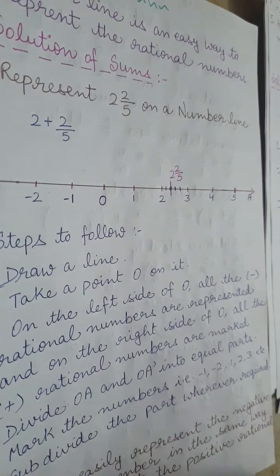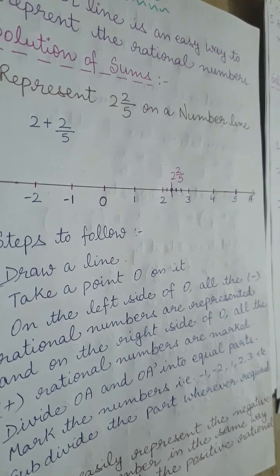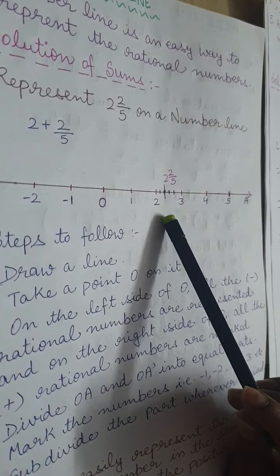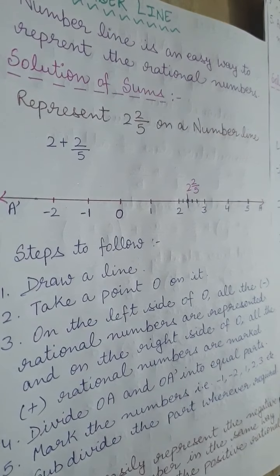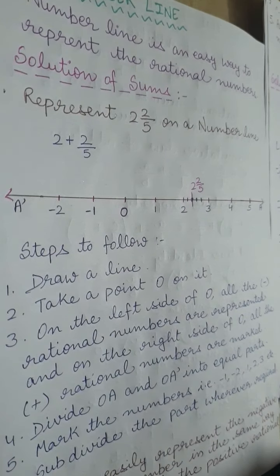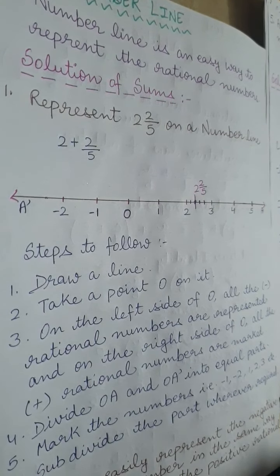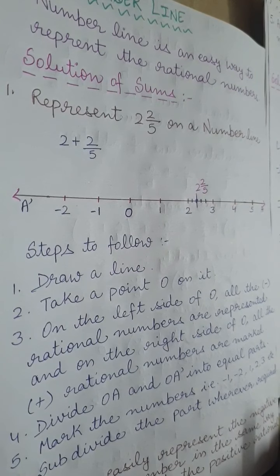I have explained it, and in this example we have represented a positive rational number. In the same way we can represent any negative rational number. The only difference is that negative rational numbers are represented on the left side of 0 and positive rational numbers are represented on the right side of 0.